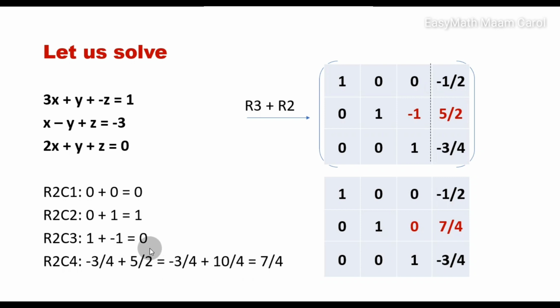Actually, nag-multiply ka ng 2 over 2 dyan, di ba? So, 5 times 2 is 10. 2 times 2 equals 4. Kaya naging 10/4. So, pareho na lang silang 4 yung denominator. And then, you can add now signed number. So, 10 at saka negative 3, that's actually positive 7. So, we got 7/4.